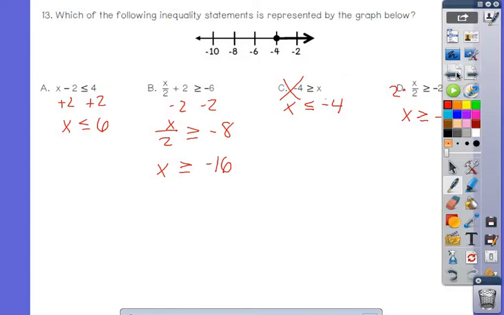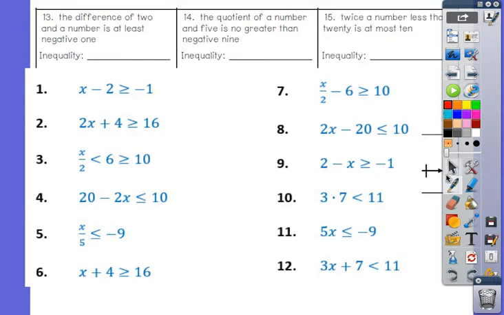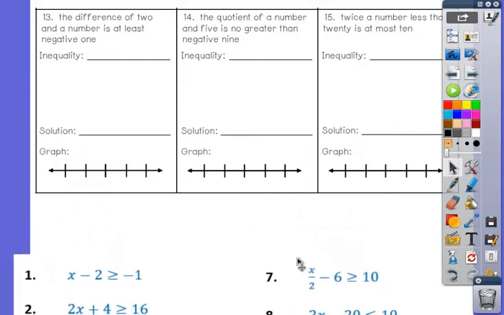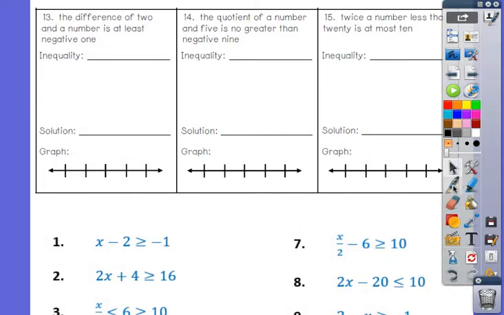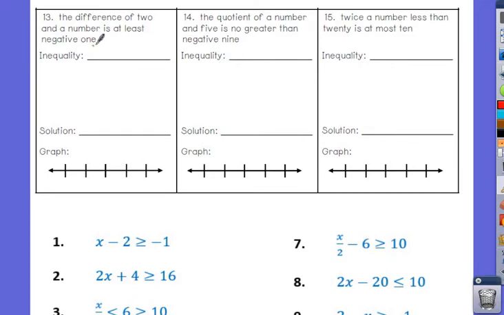All right, I want to go back to number 13, and I want to finish solving and graphing that. Did I go over these problems? Oh. What was the difference of 2 and a number? Difference of 2 and a number, so that's 2 minus x is at least, what is the at least sign? Greater than or equal to -1.